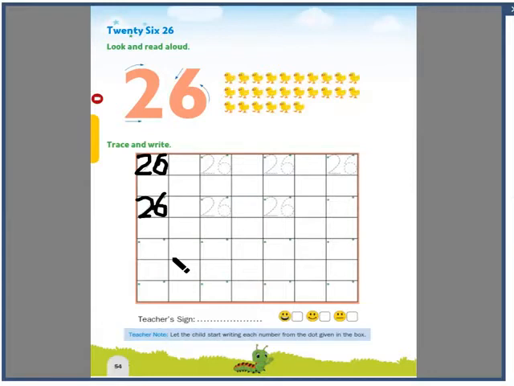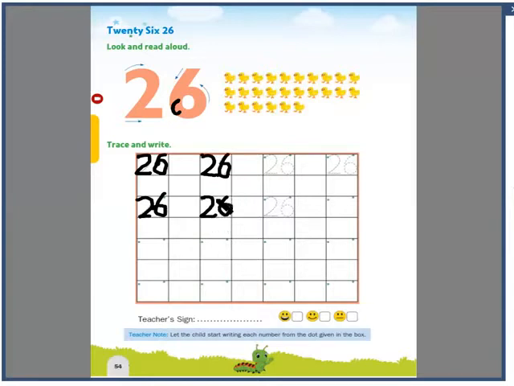Read along with me and write it. Write in the boxes, trace it and write.